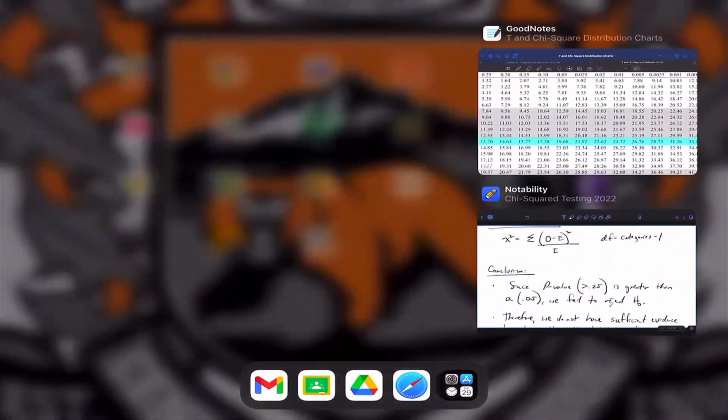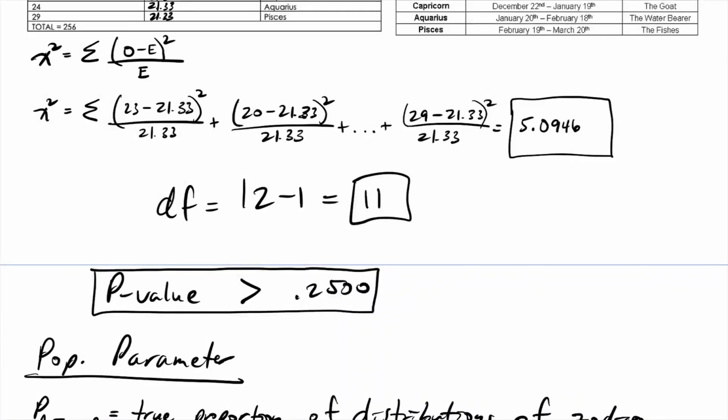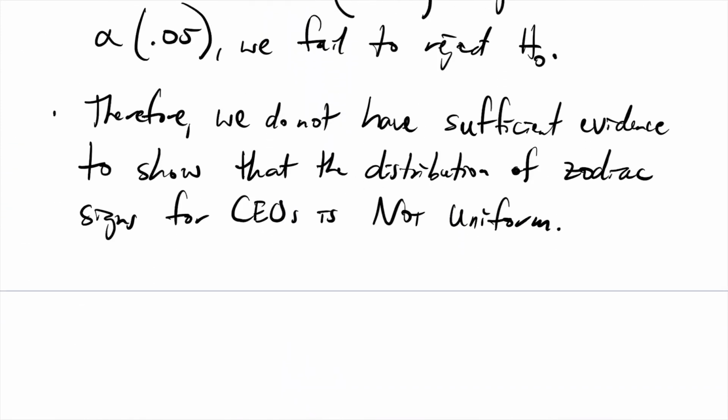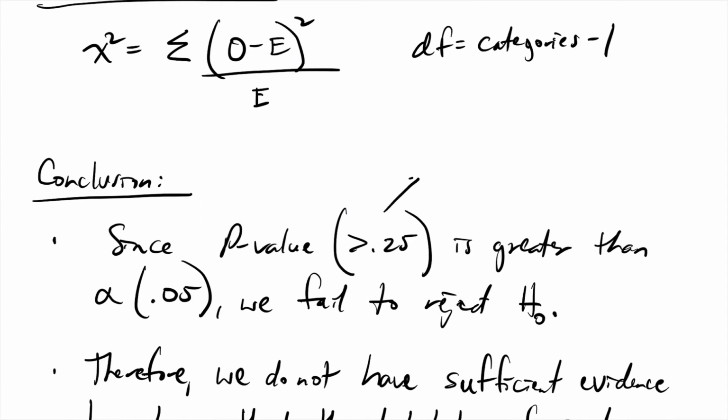There's a chance to fail to reject. So first of all, we'd say 0.05, we can say p-value. So in between there, we'd say that instead.